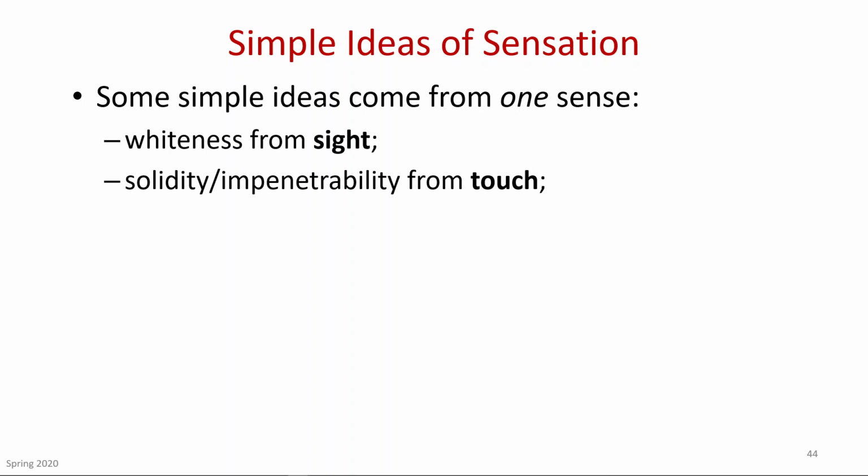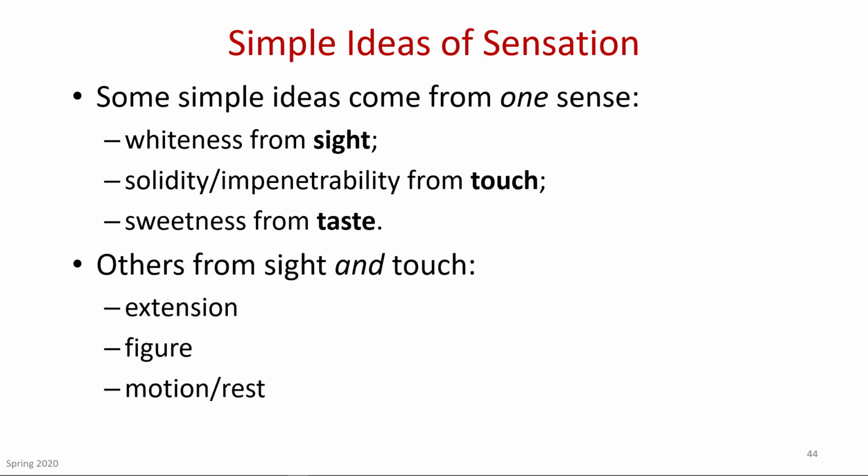We feel that things resist. Sweetness or bitterness come from taste. Other simple ideas can come from sight and touch. He quickly passes over this issue, but he says extension, figure, motion, and rest, these we can get from either sight or touch.